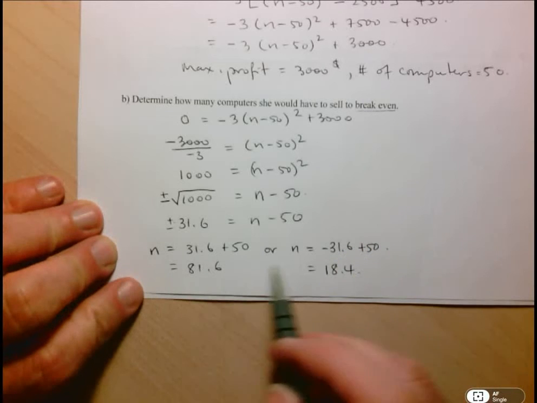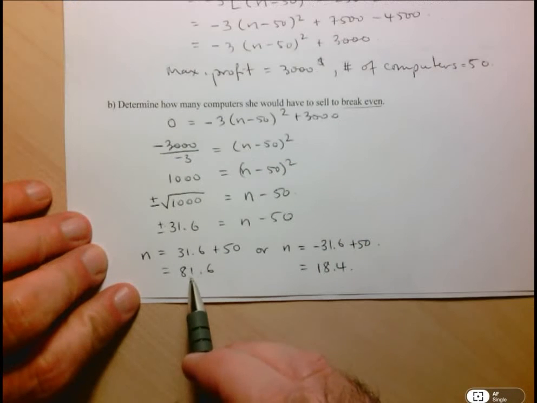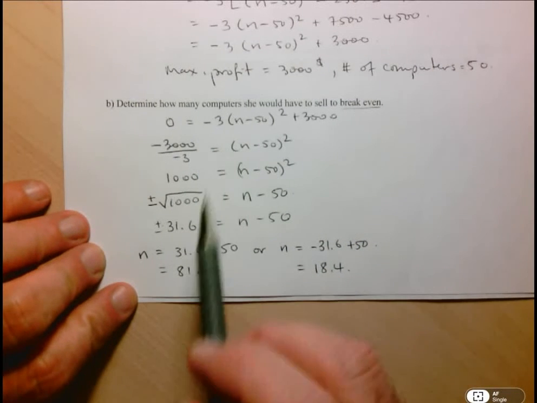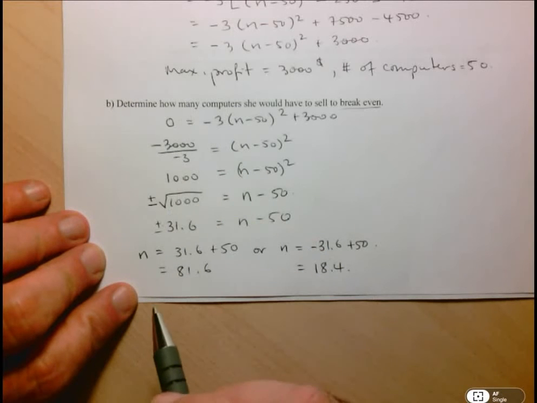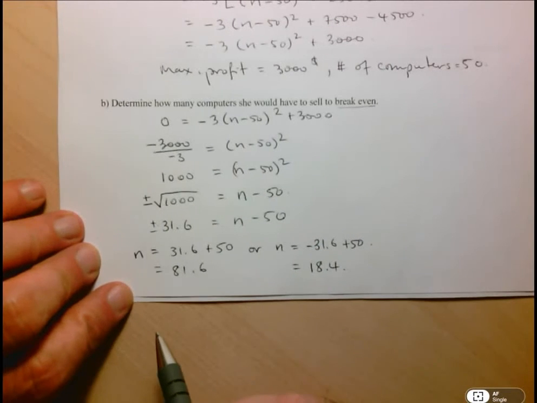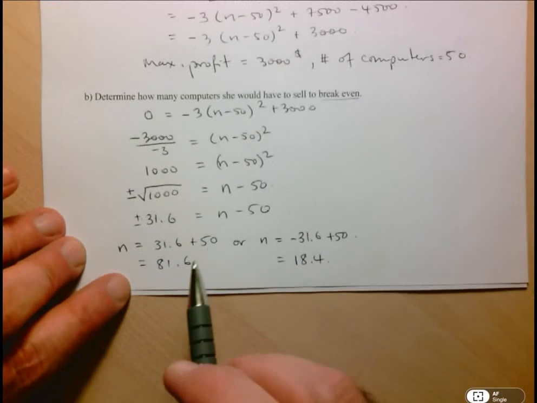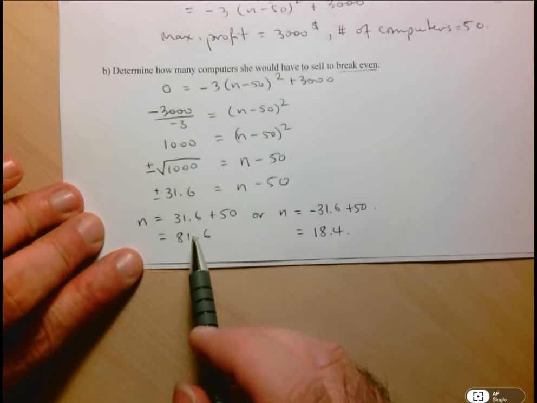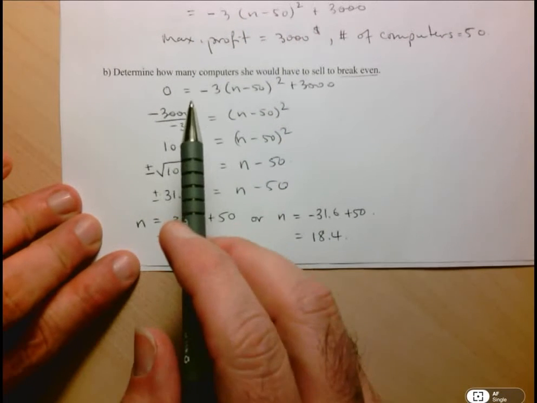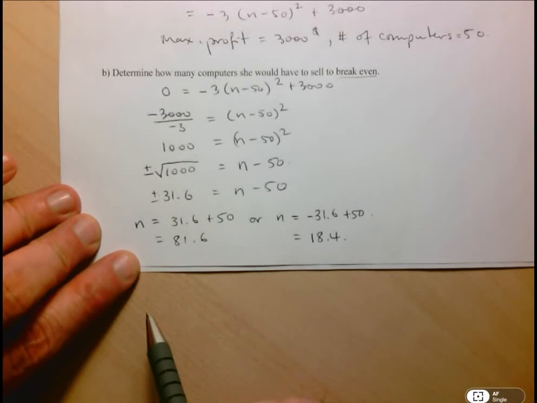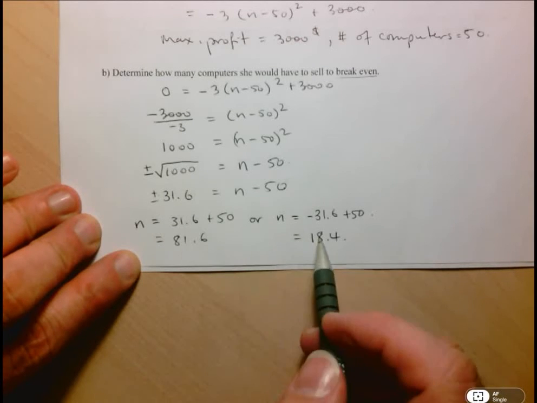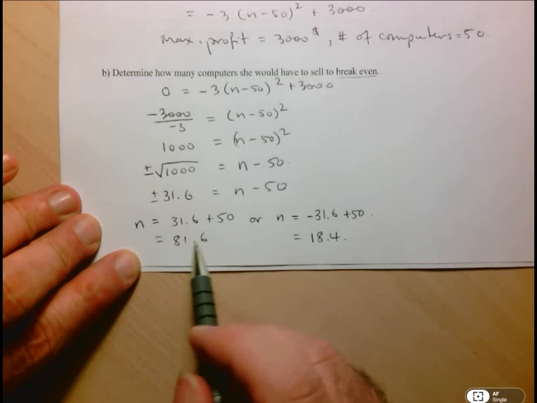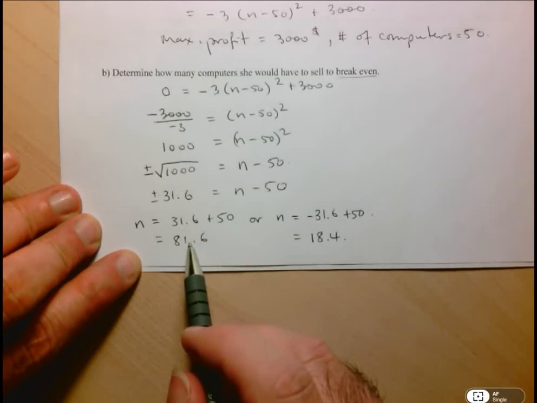Now, since both of these numbers are positive, they're both reasonable to solve this problem. Had one of these been negative, it wouldn't have made sense to talk about negative computers. However, when I give my answer, I have to give it in integer form, since I can't sell part of a computer. Here, I'm not going to be too picky on how we do this. You can try to think which one will give you an answer closer to 0.